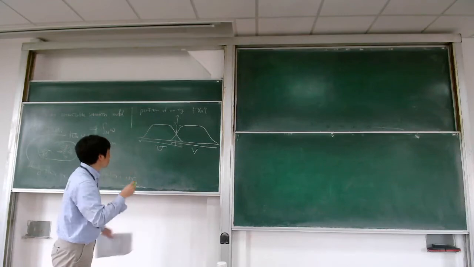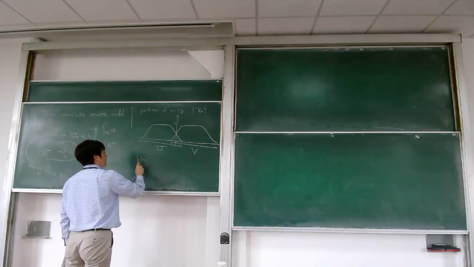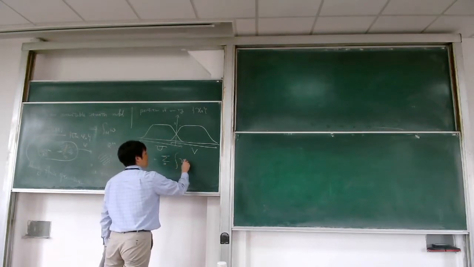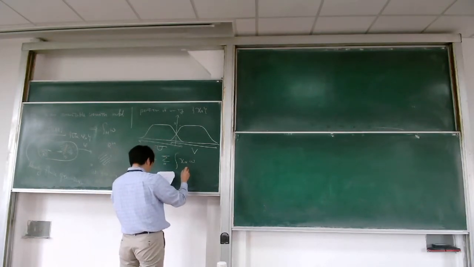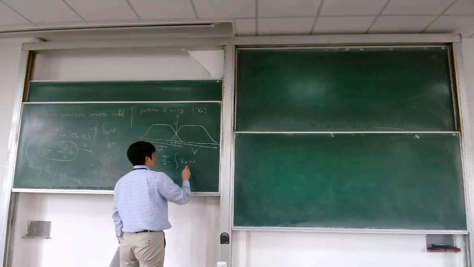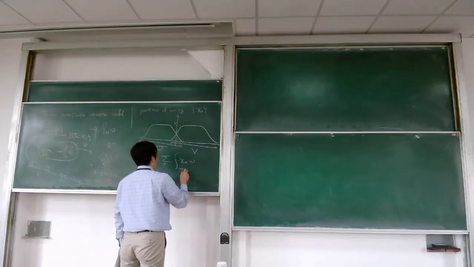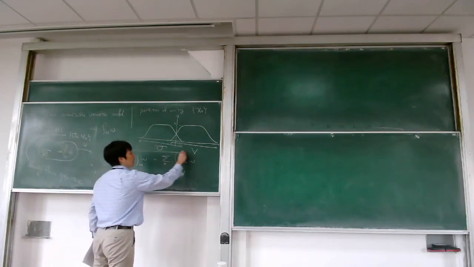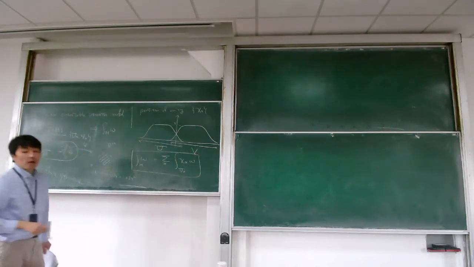Then the integral of omega over M can be understood as the sum over alpha of the integral of chi alpha omega over U alpha. So that's what one can do for a locally finite open covering. That's how you can define the integral over the manifold.